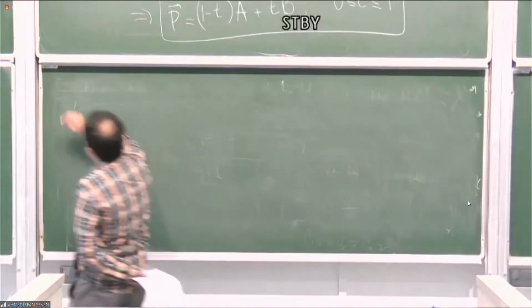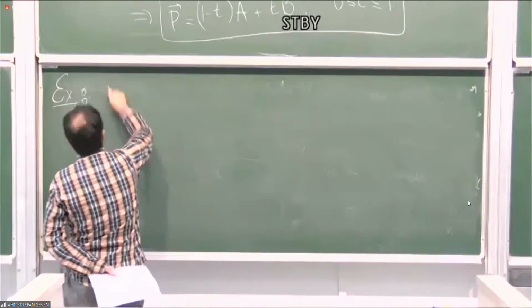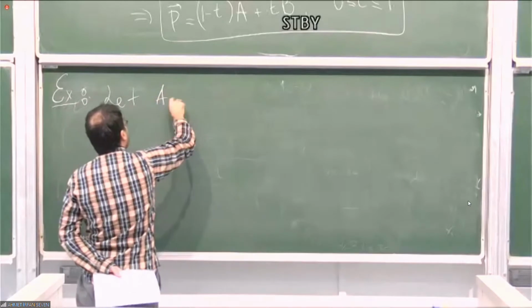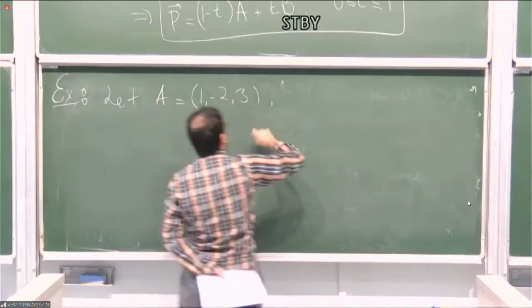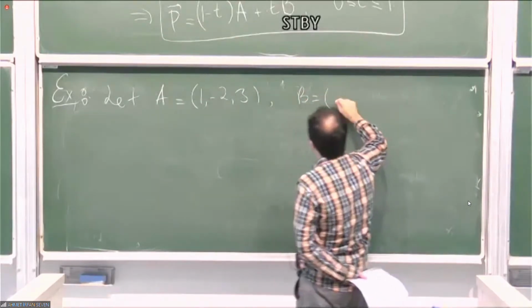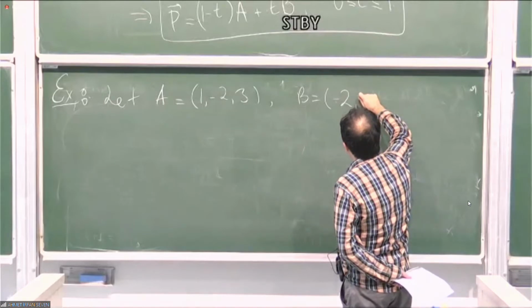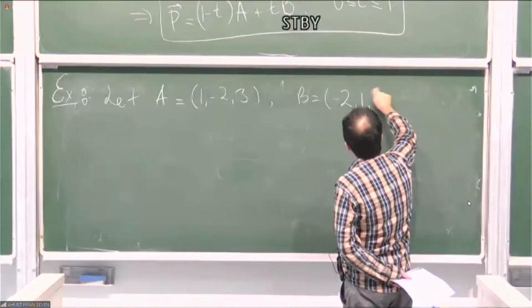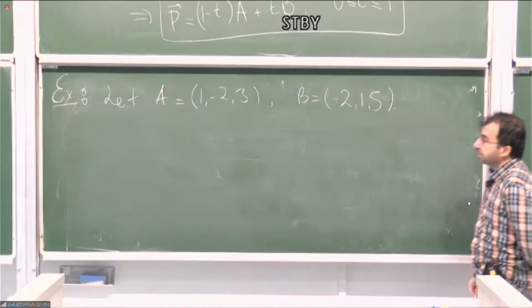Let's take examples. Example, let's consider A to be this point, B in space.